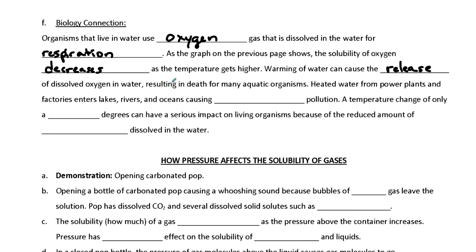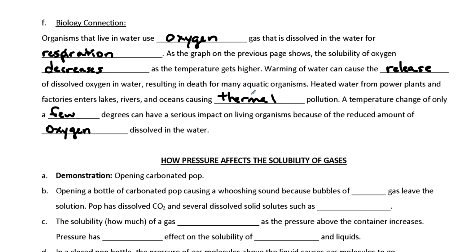So heated water from power plants and factories can enter these lakes, rivers, oceans, and cause what we call thermal pollution. So even a temperature change of only a few degrees can have a serious impact on living organisms because there's reduced oxygen dissolved in the water.